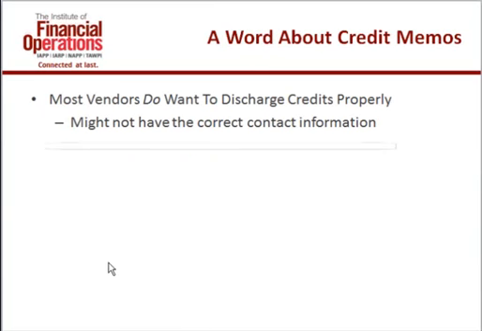Many vendors put the credits on their books, and to be perfectly honest, the AR people have no interest in having these credits lying around. They want to clean them up. They want to get rid of them. They don't want them on their books.